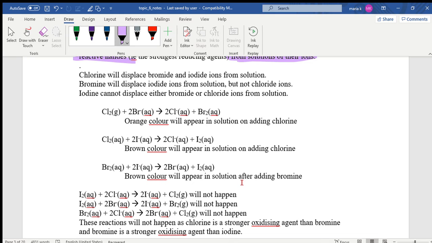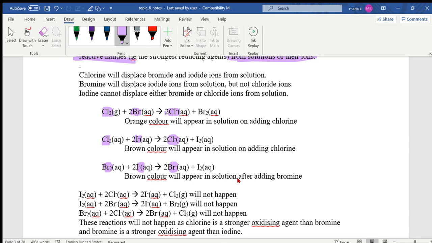So chlorine is higher than bromine, and so it will become the ion itself. Chlorine is higher than iodine, and so itself will become the ion. And bromine is higher than iodine, and so it itself will be this.